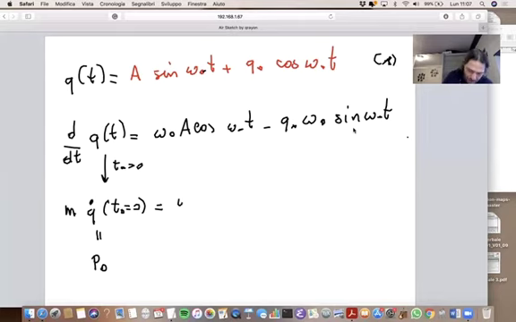And I get omega naught A, and the cosine of naught is just 1. So all I get is that A is in fact P naught divided by the mass and the frequency. So I can finally replace this in here.